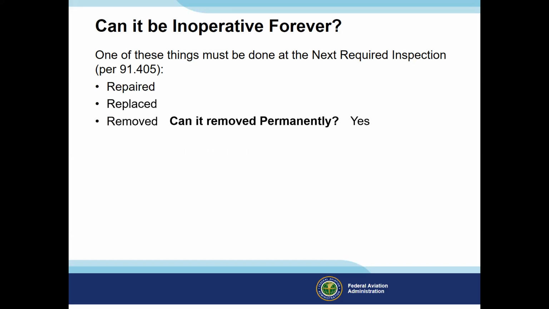Yes. It can, because the regulation itself states that aircraft with items removed under 91.213(d) are considered to be in a properly altered condition. Now, if the item is removed, you have to make sure the weight and balance and equipment list are updated.